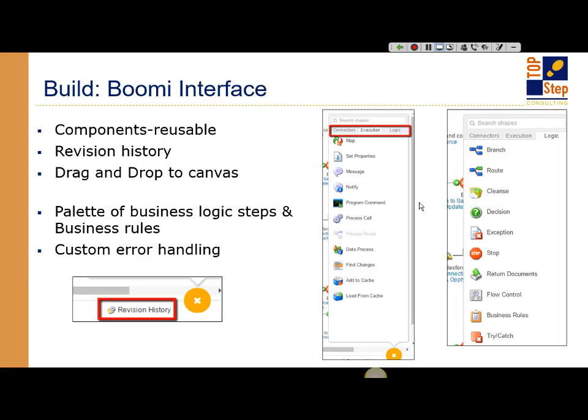If you make a change to your process and save it, you can always go back to an earlier revision, which is really helpful if you've made a mistake and want to go back to where you started from.